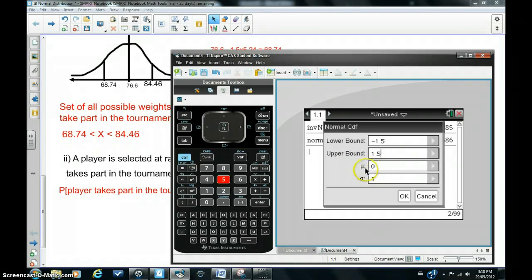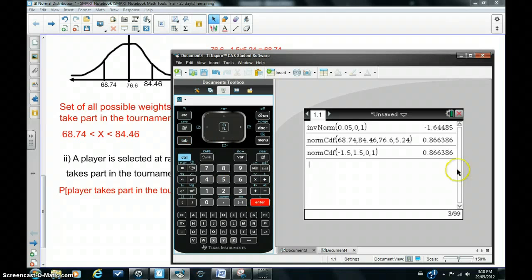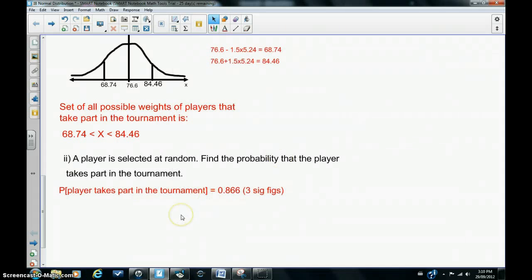And I leave the mu and the sigma as they are because I'm looking at the standardized curve now. Of course, the mean value is 0, standard deviation is 1, and I'm going to hit tab and press enter. There it is. I get exactly the same result. So, two ways of finding the probability that a player's weight will lie between this given range.